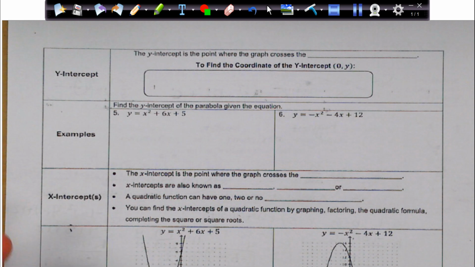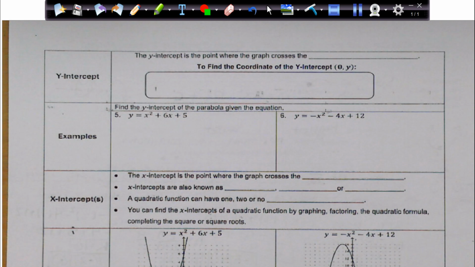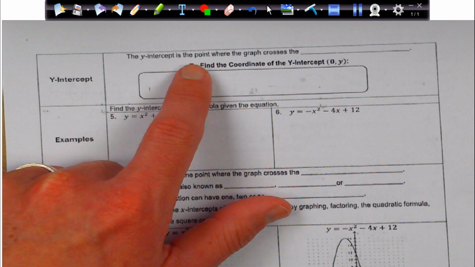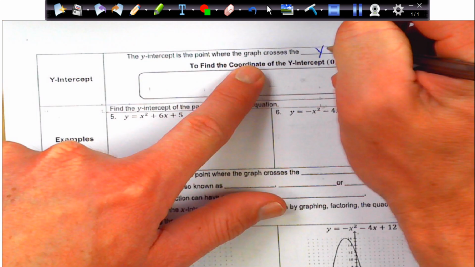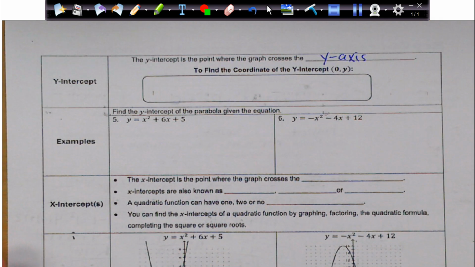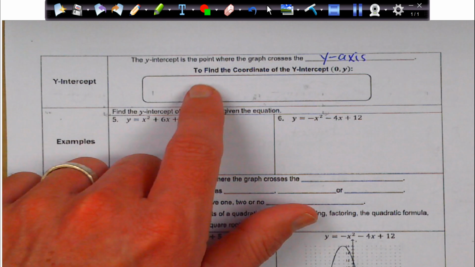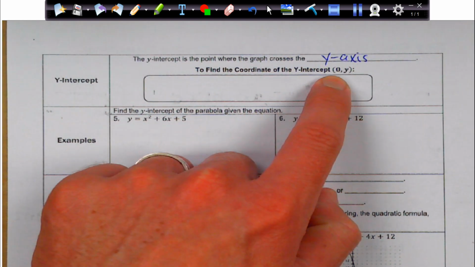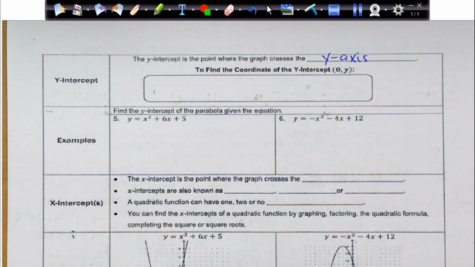Here we go. The y-intercept. Here we go. Examples and x-intercept, and we're done. It looks really easy. The y-intercept is the point where the graph crosses the y-axis. Cool. That's why it's called intercept, meaning hit or attached to. To find the coordinates of the y-intercept, it's (0, y). Well, that's pretty easy.